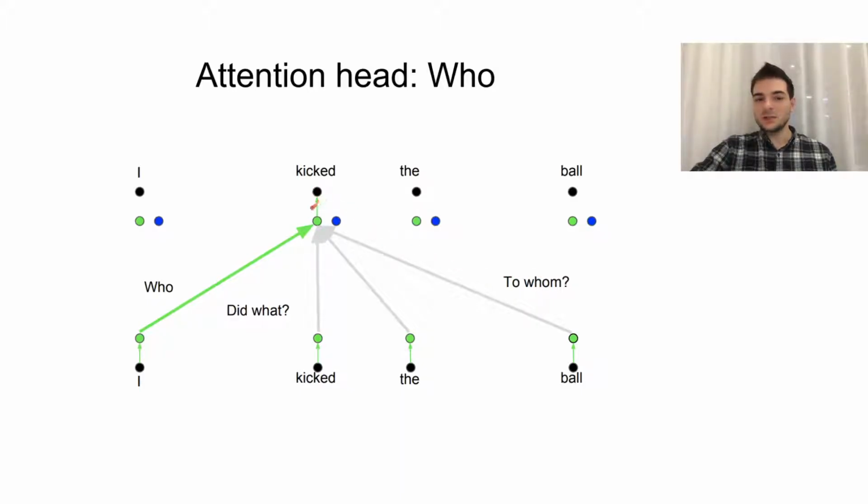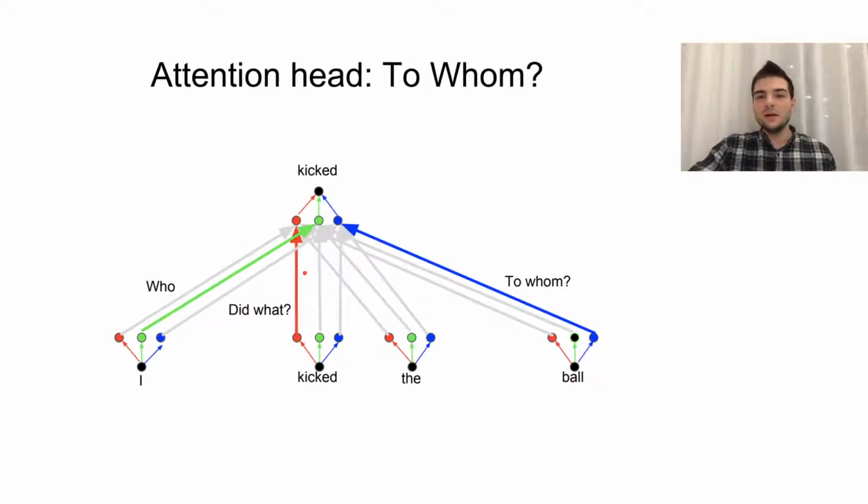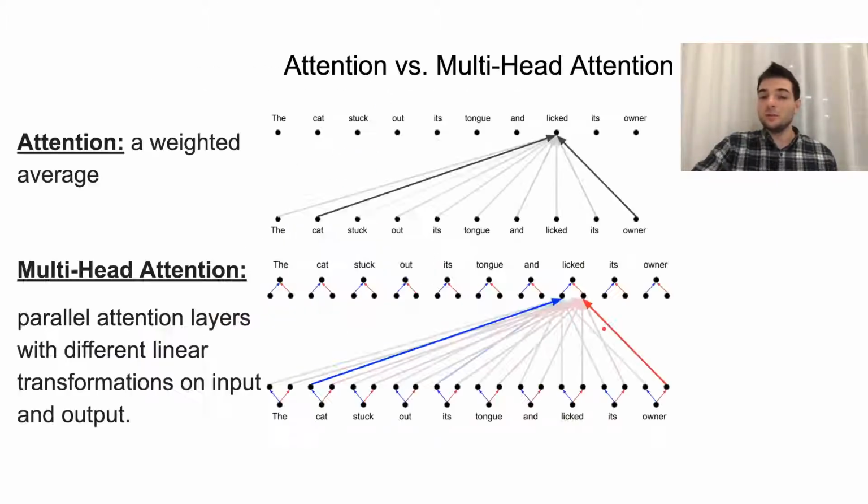So kicked actually looks at I the most, because who kicked? I kicked. Attention head 2 looks at the question did what? So kicked is looking at itself. Yeah, every word can look at itself as well. And attention head 3 is looking for the question to whom, for example, or the question what, and it has a connection to the ball.